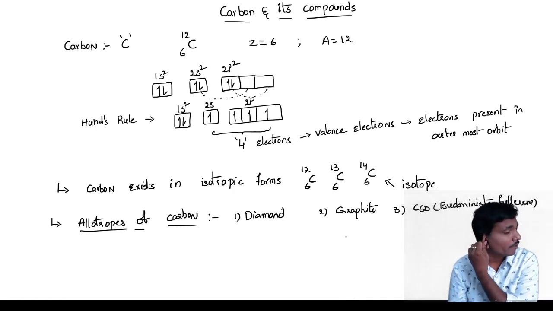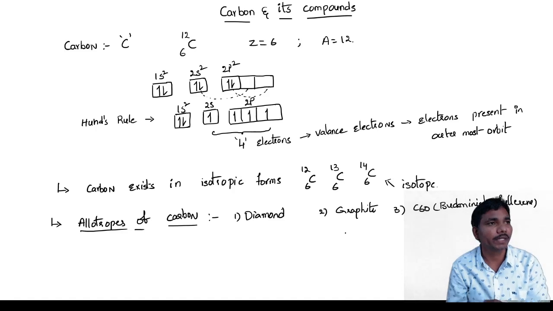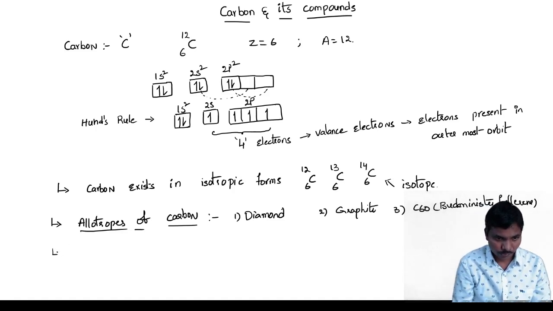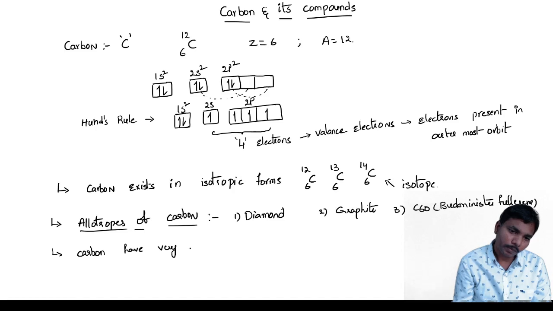Carbon has a very good property, that is the catenation property. Due to the catenation property, it forms big structures like diamond, graphite and C60. Carbon has a very important property called catenation.